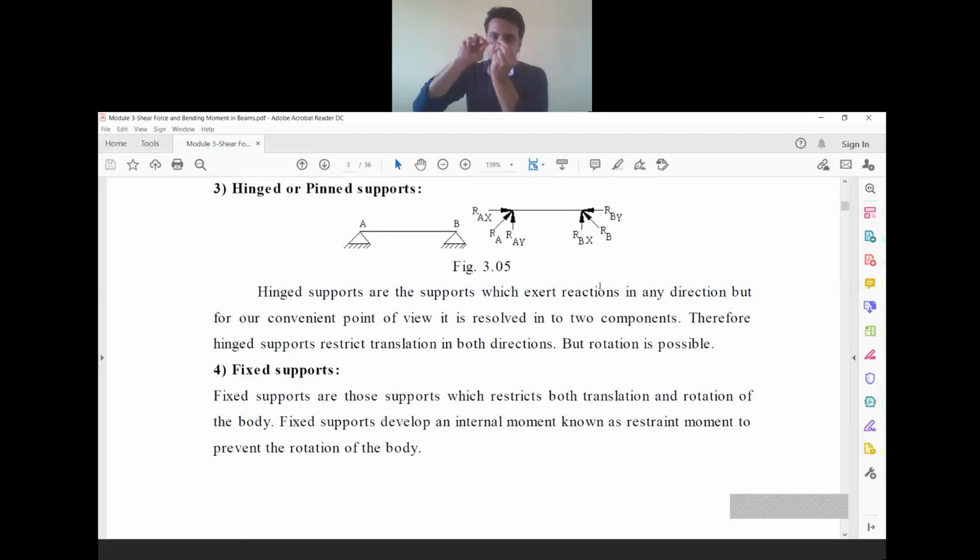It cannot move up and down either. But it can rotate. It can only rotate. So it can freely rotate, but there is restriction for horizontal movement and restriction for vertical movement. Whenever there is restriction for vertical movement, we will experience a vertical reaction.